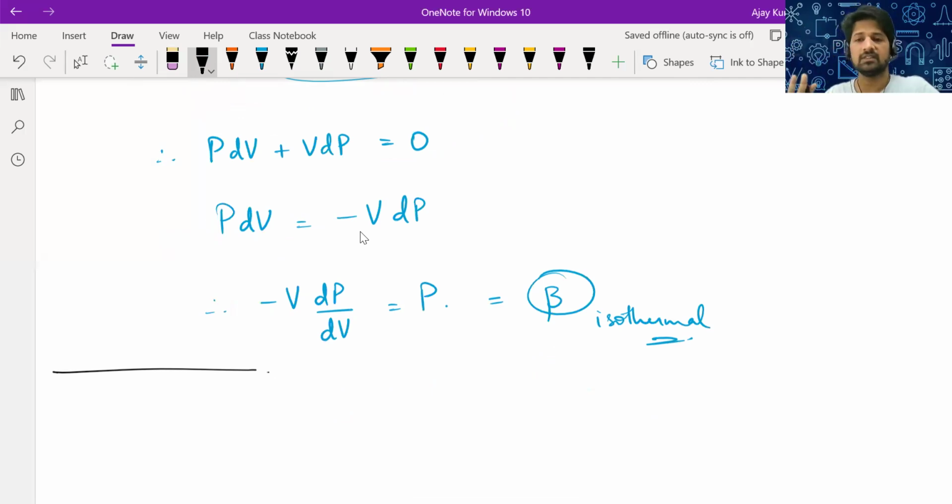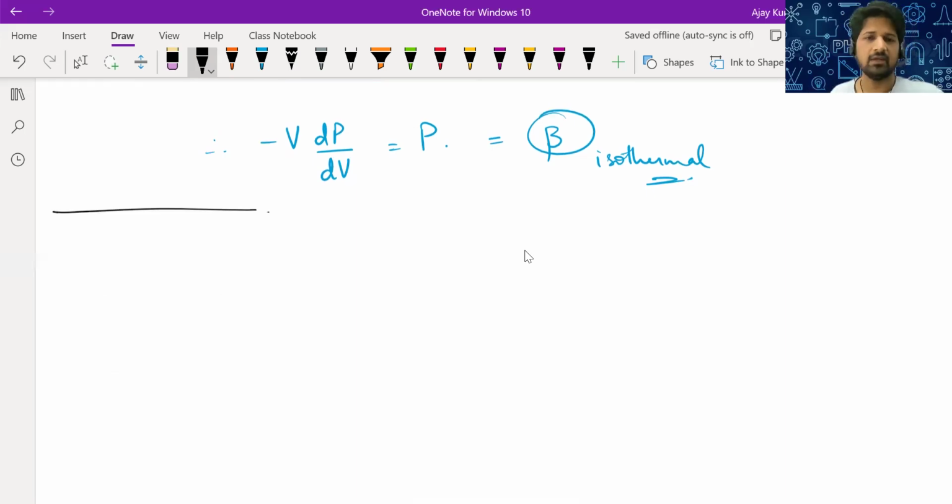These are the fundamental things you need to know in this chapter thermodynamics, and we'll be doing this for all the standard processes. We have done it for an isothermal process now. Okay. Little bit of mathematics will be involved. You have to get used to that. Okay. Next question. How to carry out an isothermal process?